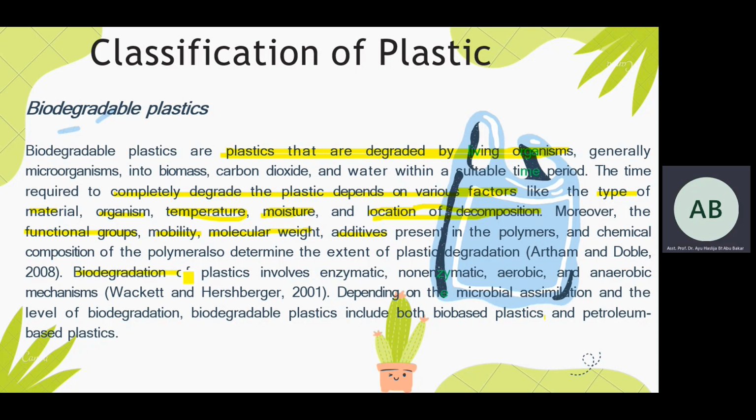Okay, the biodegradation of plastic involves enzymatic, non-enzymatic, aerobic, and anaerobic processes. For the enzymatic, we have gone through a few types of enzyme. For the aerobic, also a few types of microbe that are suitable for the process.